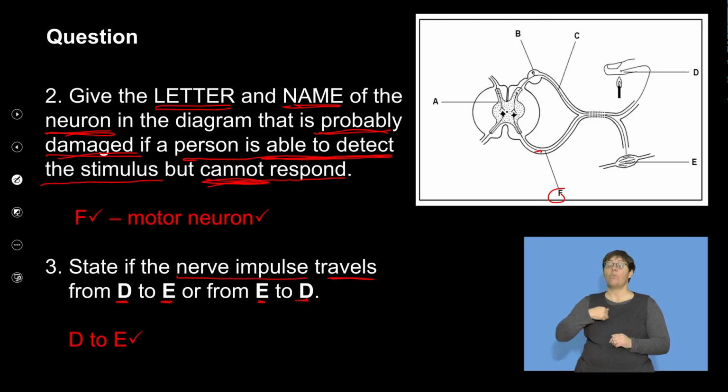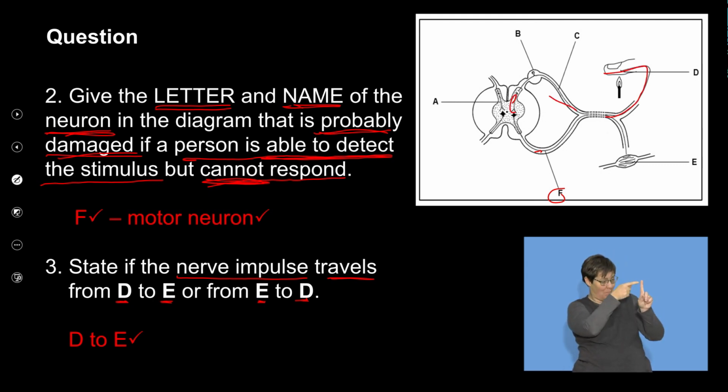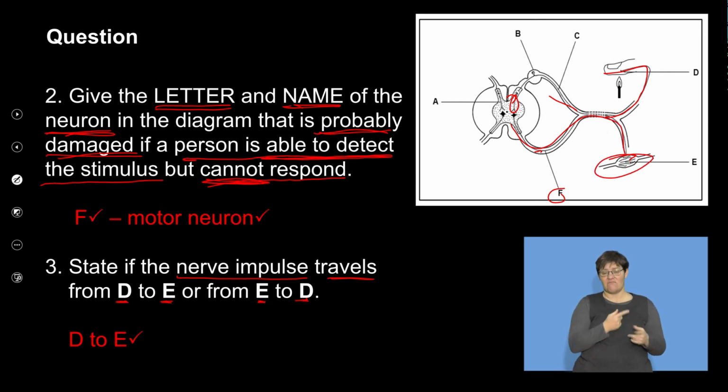The correct answer will be D to E because it's from the sense organ and then to the interneuron impulse and back to the effector for response. So the correct answer is D to E. That is the correct sequence or the correct direction.